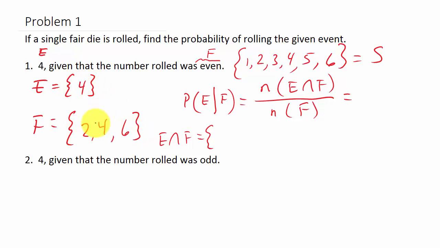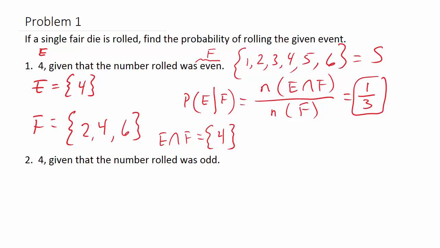They both have a 4, so that's the only element they have in common. So how many elements are in this set? 1, divided by the number of elements in F, which is 1, 2, 3. And so our probability is 1/3.